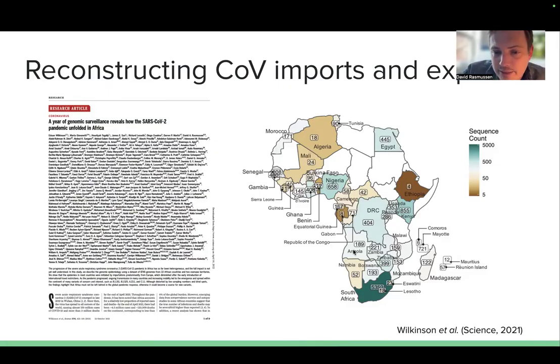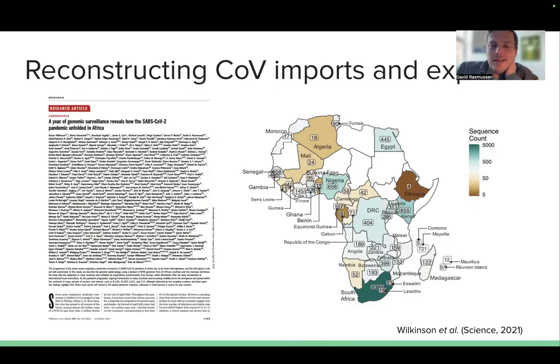There were countries like South Africa who were doing a great job of sampling a large number of individuals. And that turned out to be very beneficial because a number of new important variants like Delta and Omicron ultimately were discovered in South Africa.